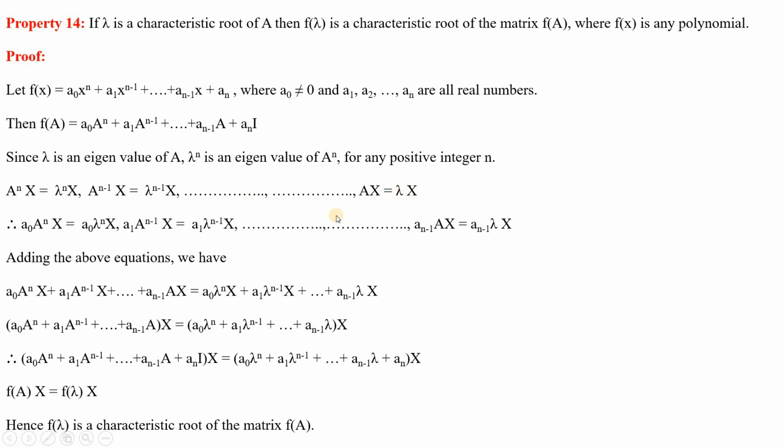So we write it like this. Multiplying the first equation by a0, the second by a1, and so on up to a n, and adding the equations, we end up like this. Applying both sides to x, we get f of A into x equals f of lambda into x, which means that f of lambda is a characteristic root of the matrix f of A. Thank you.